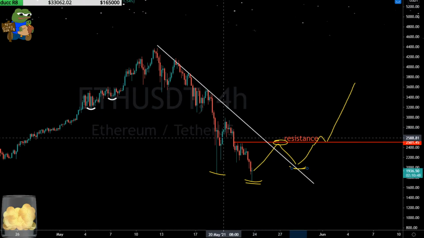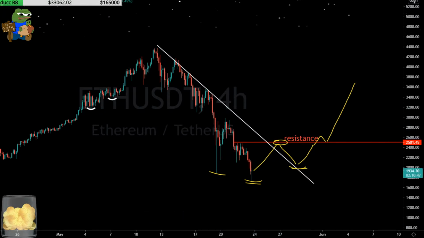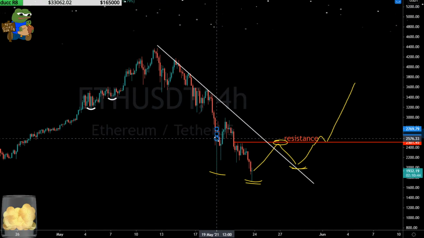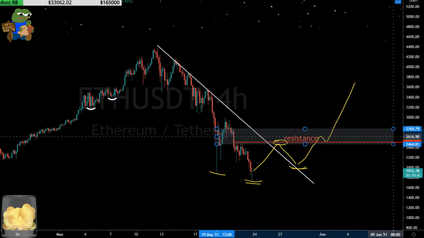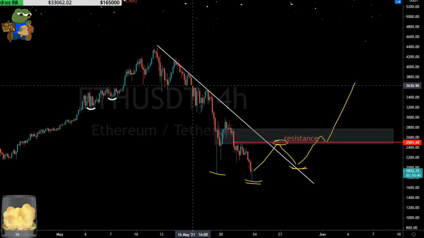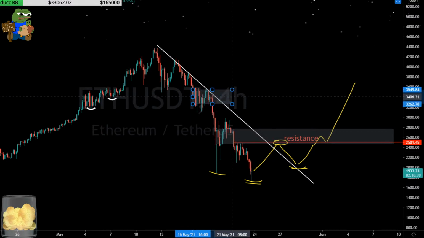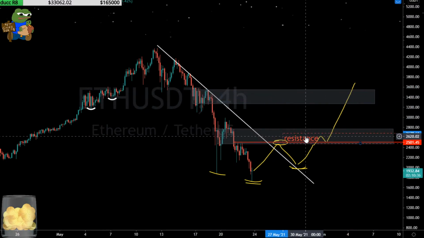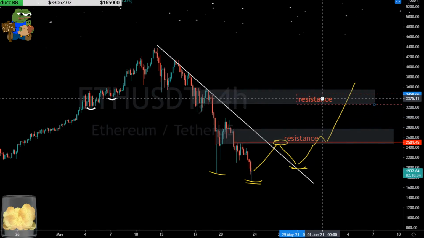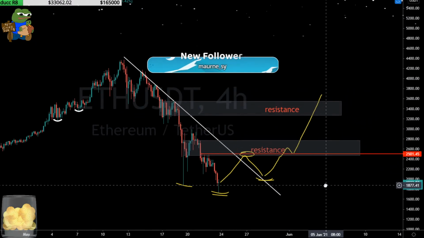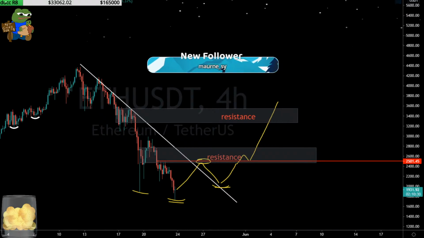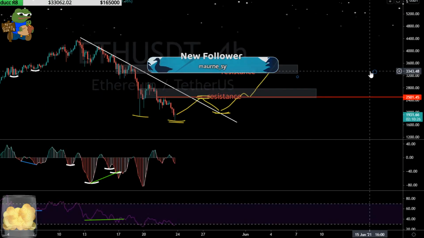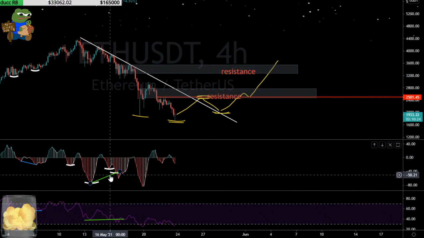You get these two areas of resistance that need to be flipped, right? These areas of congestion become resistance, must be flipped into support. Okay, so this is how we make our way on ETH.